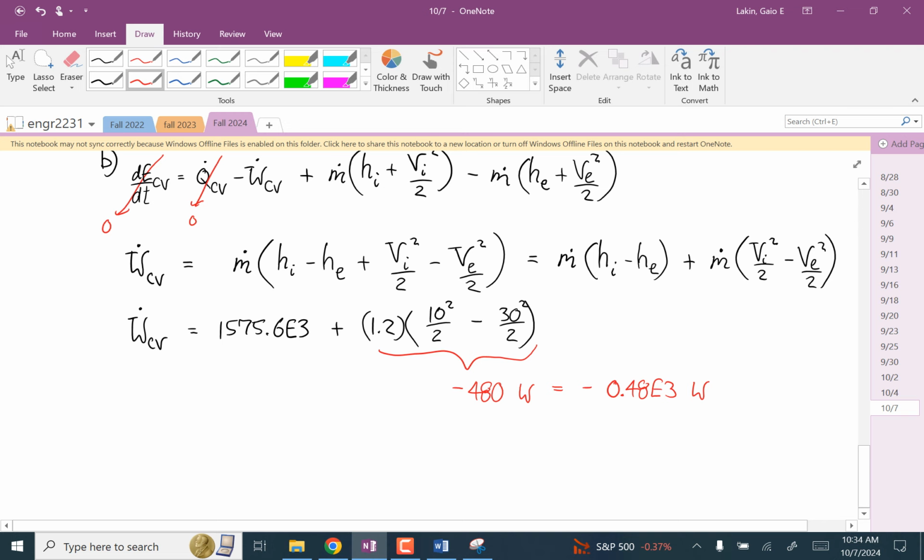So the answer is, if that's sort of a standard change in the speed that you can expect, you can see why people tend to ignore that. It just doesn't account for very much.